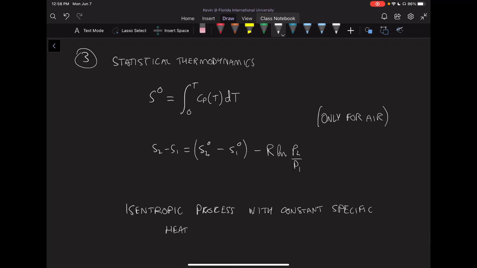If we have an isentropic process, we know that delta S is equal to 0, and constant specific heat means that we're going to have Cv average and Cp average within our equation usually.